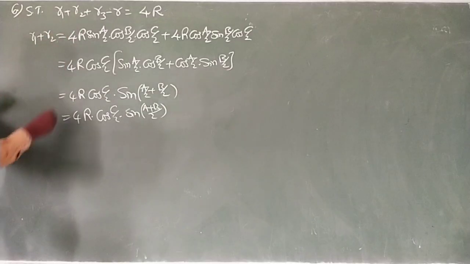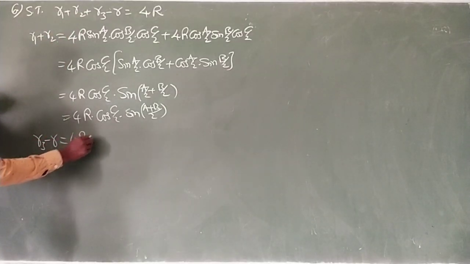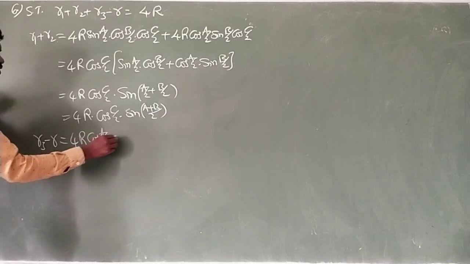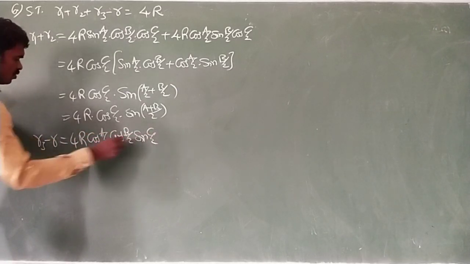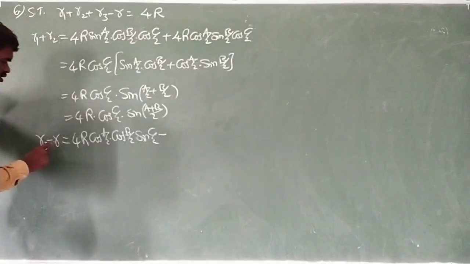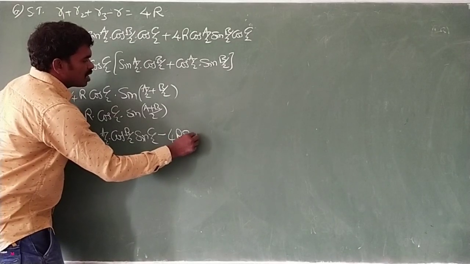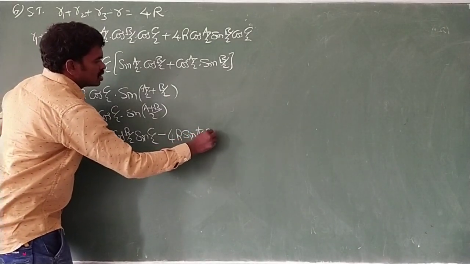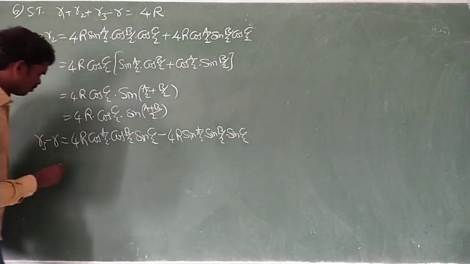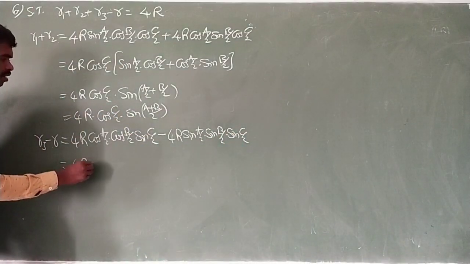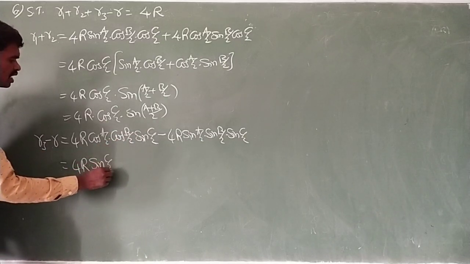Next, taking the remaining two, R3 minus r. R3 means 4R cos A/2 cos B/2 sin C/2, and minus small r. Small r means 4R sin A/2 sin B/2 sin C/2, all sin terms. So what is common in both? 4R is common and sin C/2 is common. Take 4R sin C/2 out common.